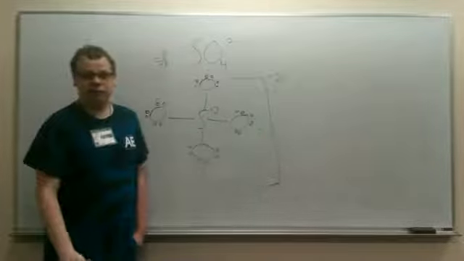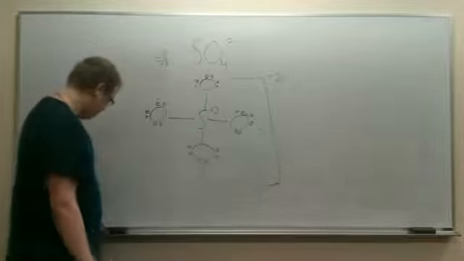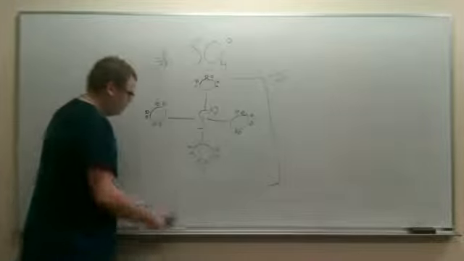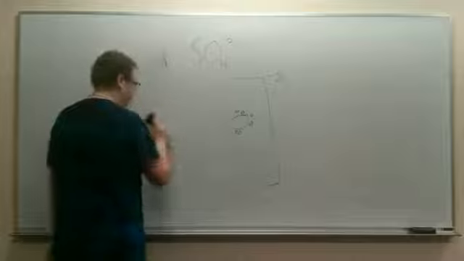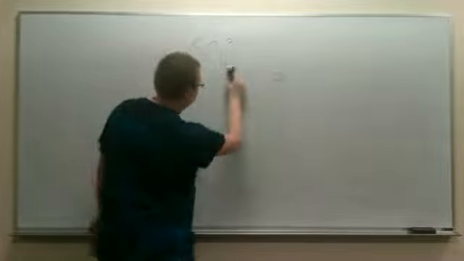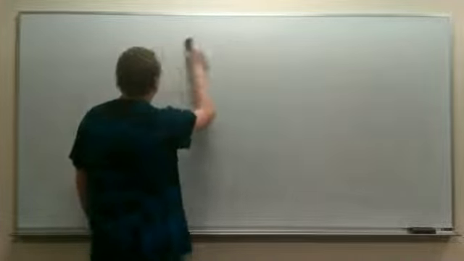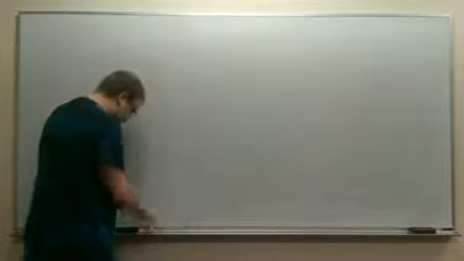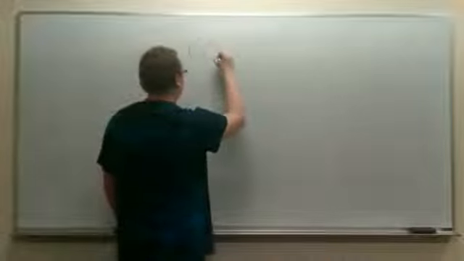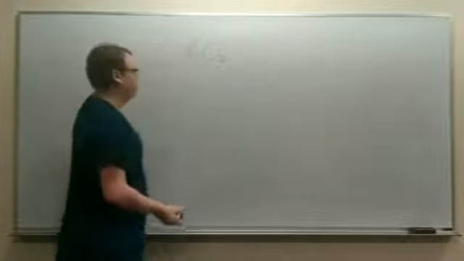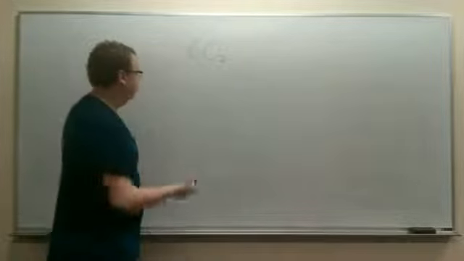And that's the basics. I'm going to do one more that deals with double bonds, just so that you have an example of each rule. The classic example of a Lewis dot structure with double bonding is CO2. Everyone knows what CO2 is.